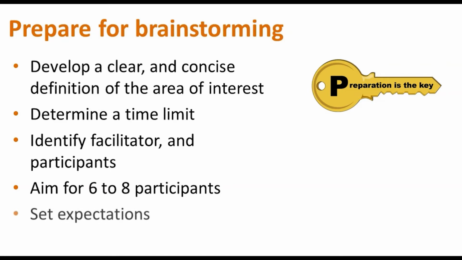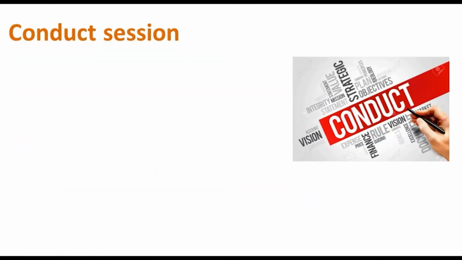Set expectations on how to do the brainstorming. Essentially, one of the very key rules is not to criticize anybody's idea, and then establish evaluation criteria as to how the outcomes of the brainstorming will be evaluated.